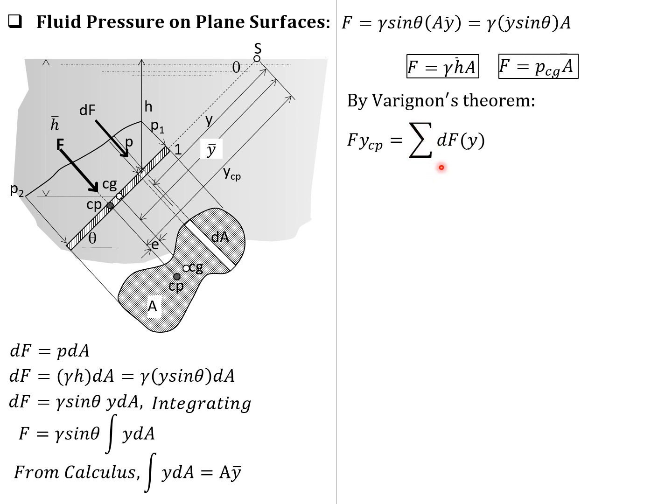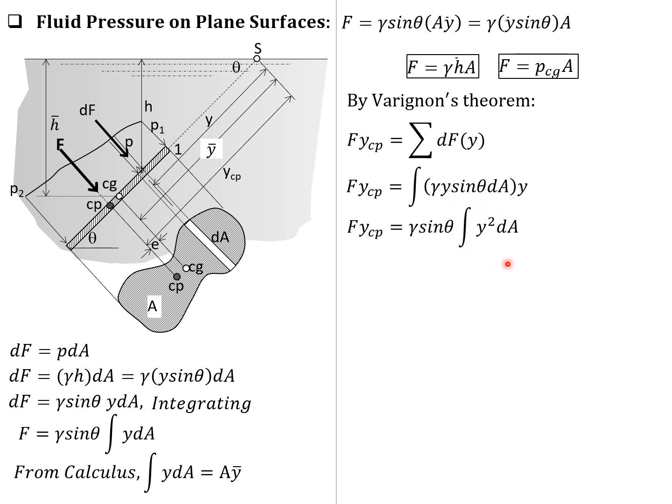Replacing the summation notation by integral form, and dF by this expression here, dF is equal to gamma sine theta y dA, and putting gamma sine theta before the integral sign, F y sub Cp equals gamma sine theta integral of y squared dA.